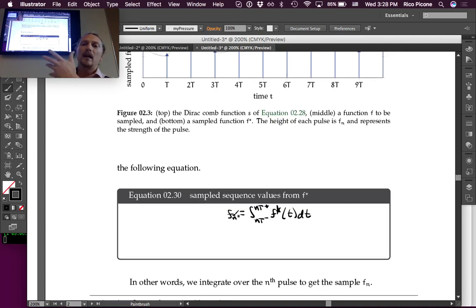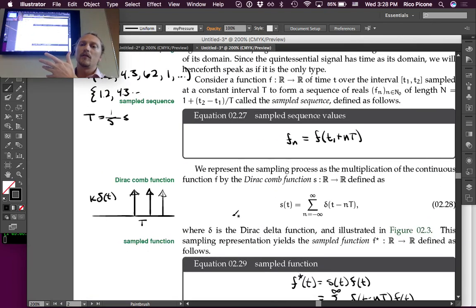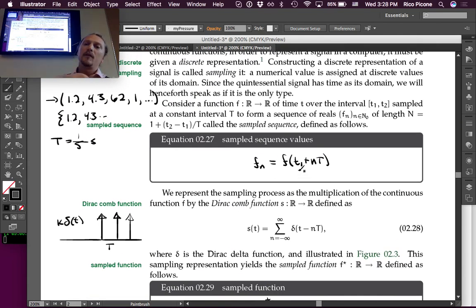Remember, our sample value is also what we get from back up here if we just evaluate the original continuous function at that given time. Evaluate that function at, say, t1 is just 0. At the third sample, it would be n equals 3. We would get f of 3T, the third period in.